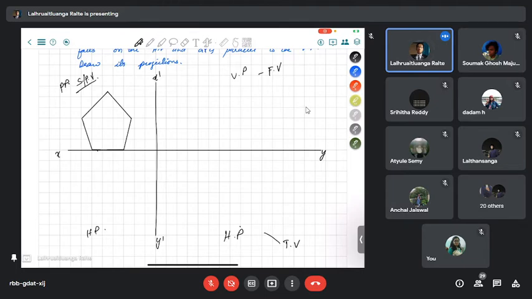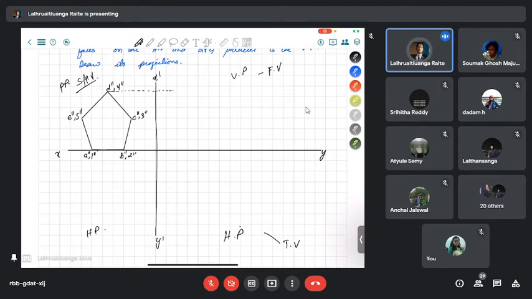All right. Let's annotate this first. As this is the profile view, it will start with a dash, 1 dash, b dash, 2 dash, and so on. So it goes on this side like this.